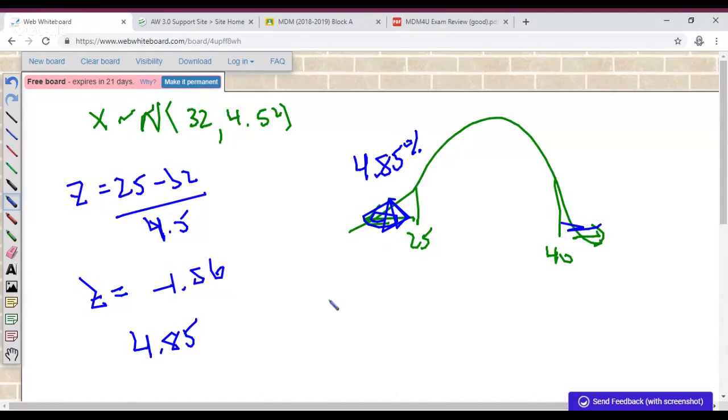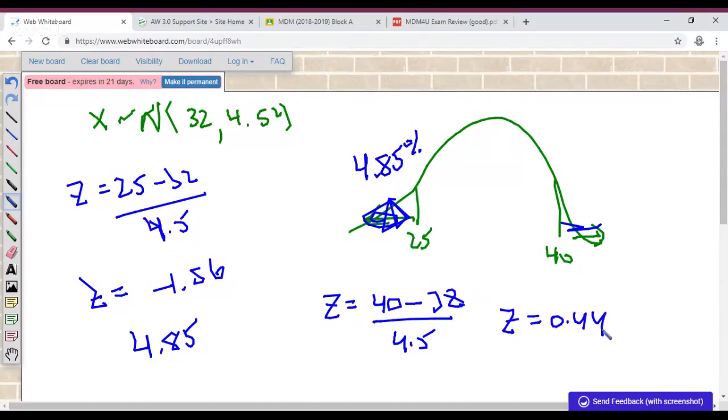So now how much of the time does it take more than 40 minutes? So we'll use 40. Calculate my Z-score, and I get a Z-score of 0.44. Looking that up, 0.6700.